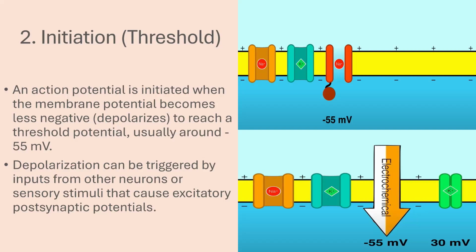How does that depolarization occur? It can be triggered by inputs from other neurons or sensory stimuli that cause excitatory postsynaptic potentials. So from -70 we go to -55 millivolts.